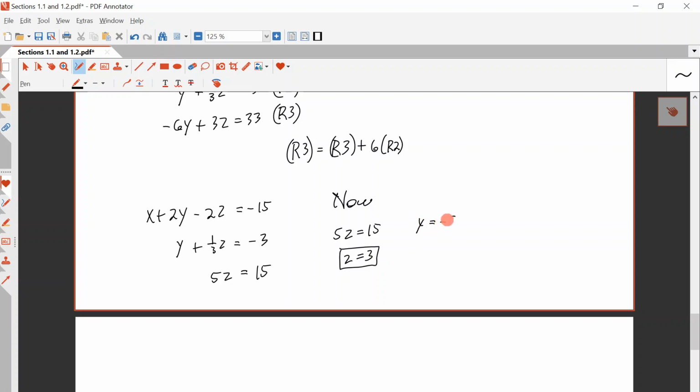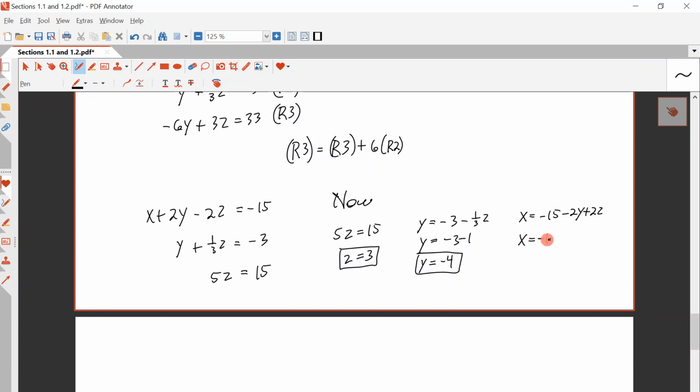Y is equal to minus 3 minus 1/3 z. Right? So that's this equation here. So minus 3 minus 1, so y is equal to minus 4. And in the first one, x is equal to minus 15 minus 2y plus 2z.